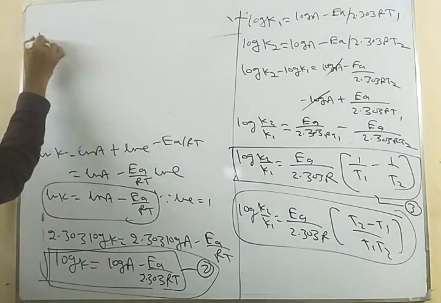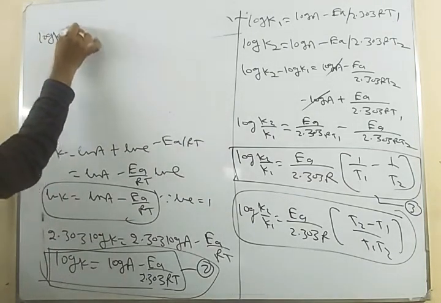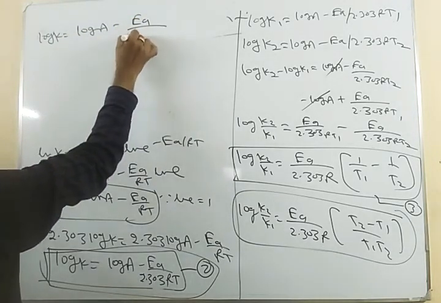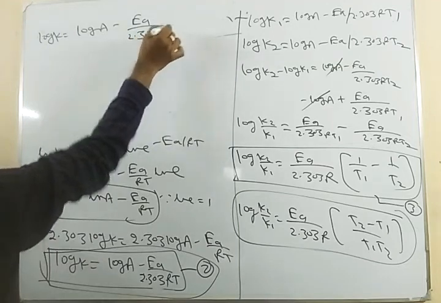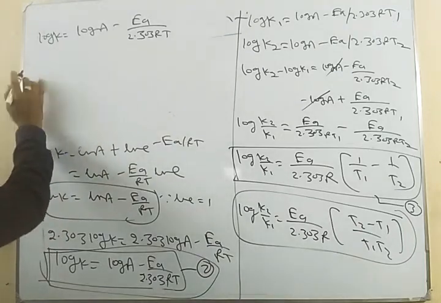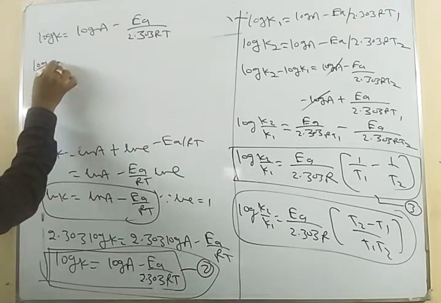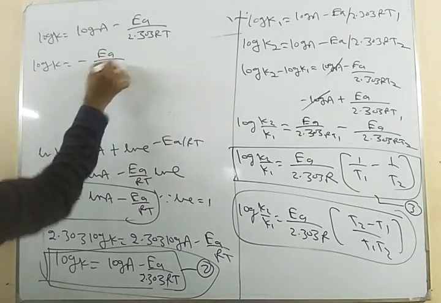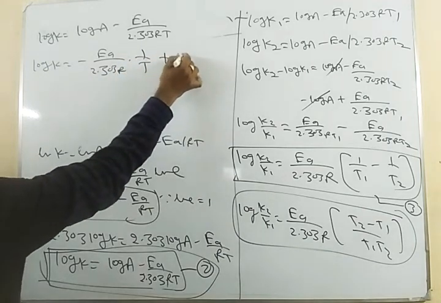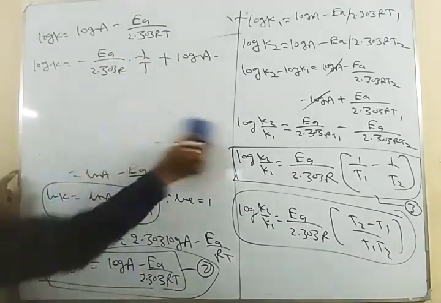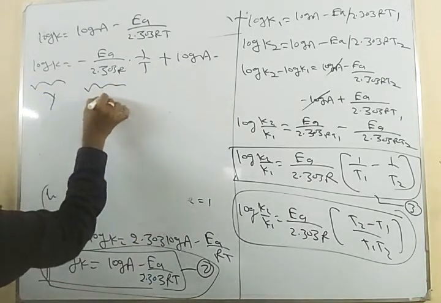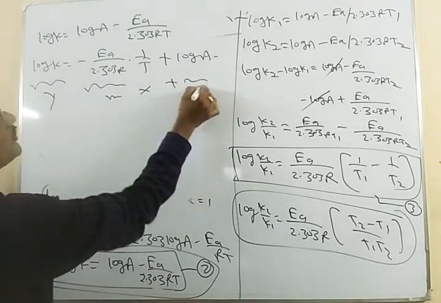Log k is equal to log A minus Ea by 2.303 RT, or I can write log k equal to minus Ea by 2.303 R into 1 by T plus log A. So here you see this equation is in the form of y equal to mx plus c.